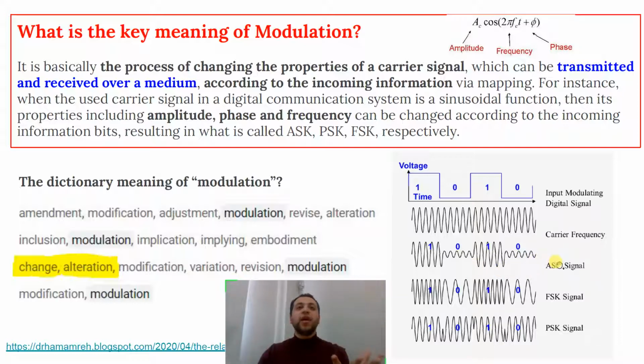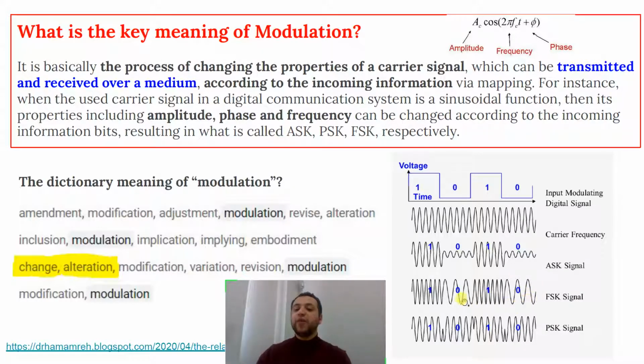If 0 comes, then just suppress the carrier. Then this is the amplitude shift keying modulation scheme. We call the modulated signal here amplitude shift keying. Now, this is one way of modulating, meaning conveying our information by changing some properties of the carrier signal.